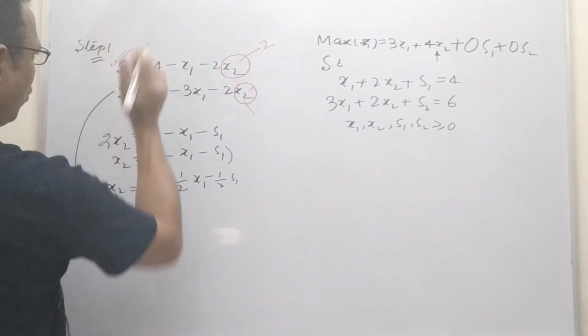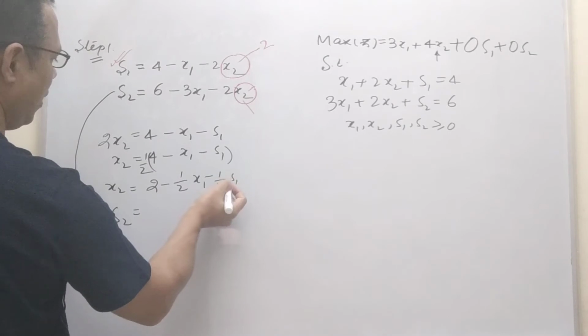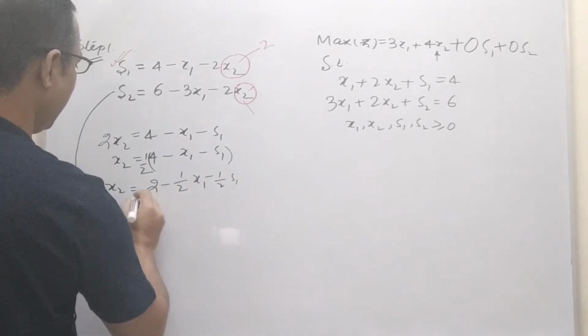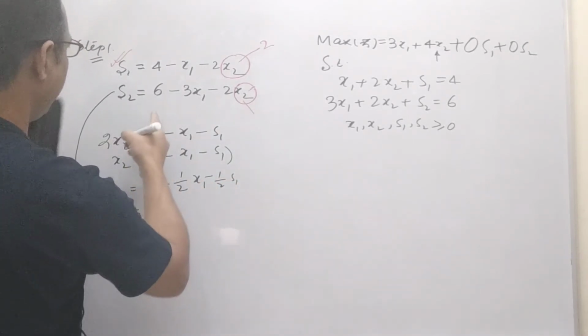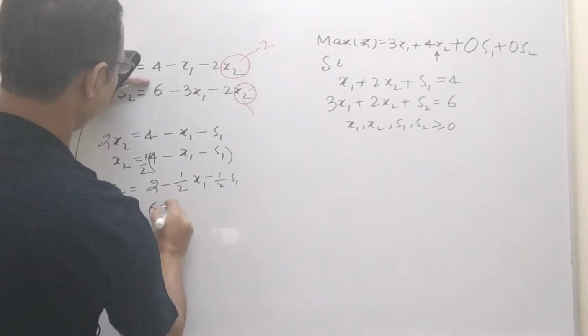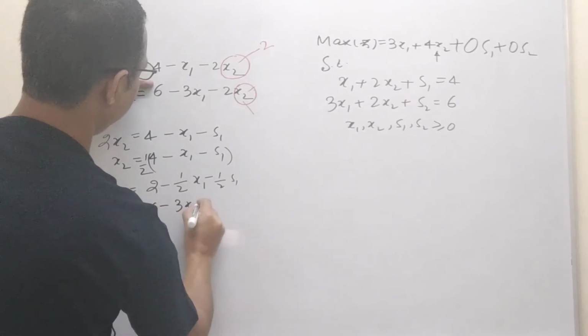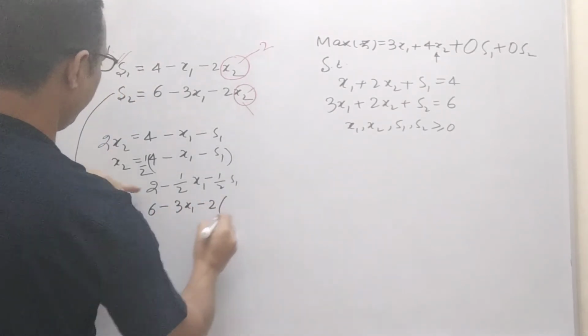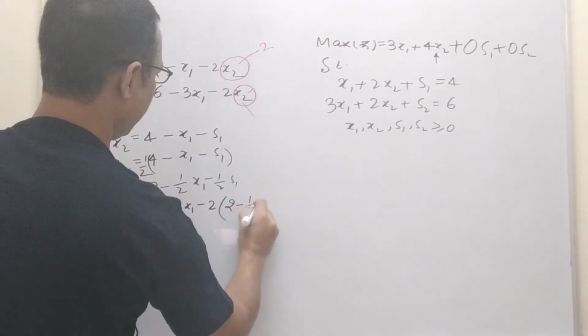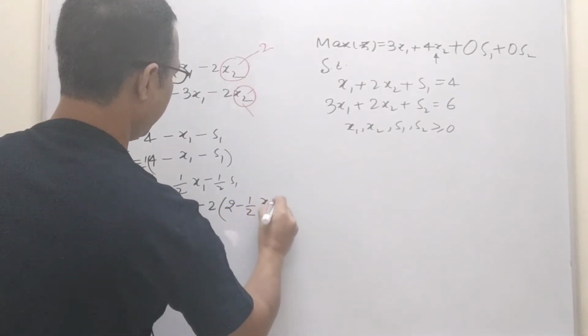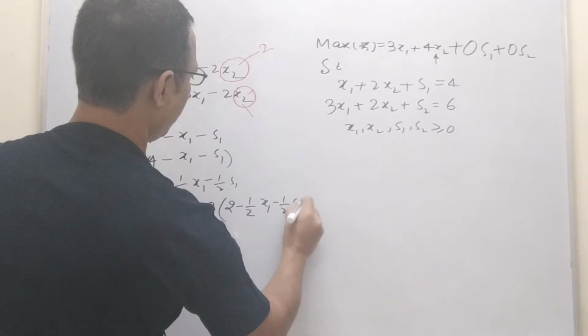So x2 is already found. We'll copy here 6 minus 3x1 minus 2 into the x2 value, 2 minus 1 by 2 x1 minus 1 by 2 s1.